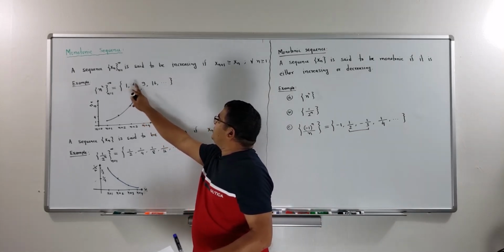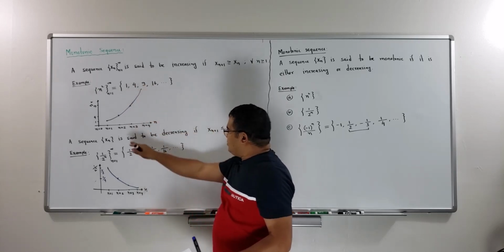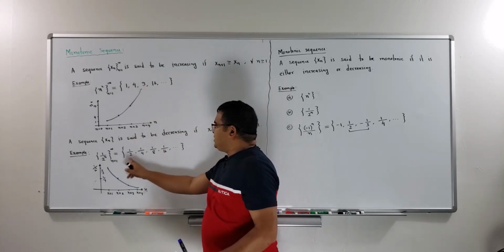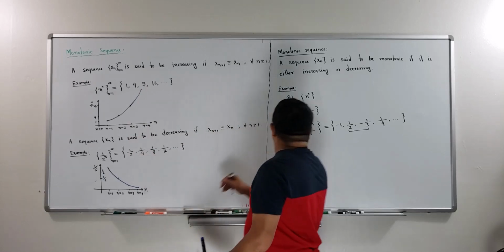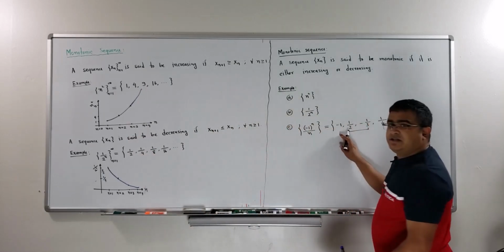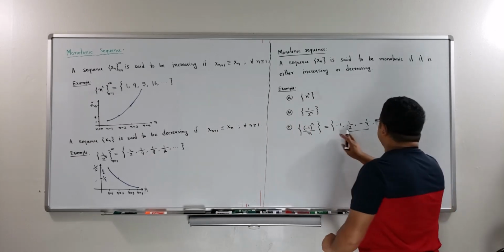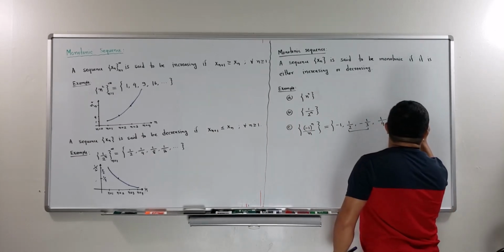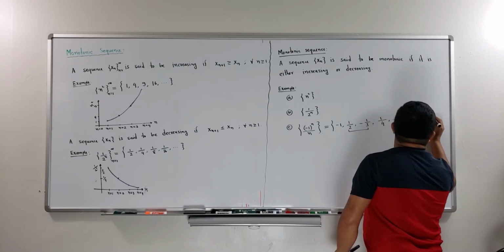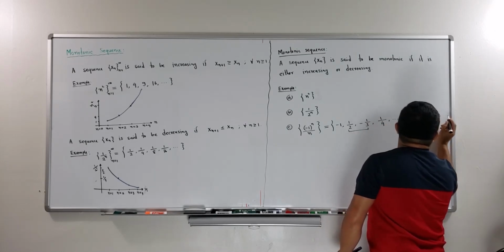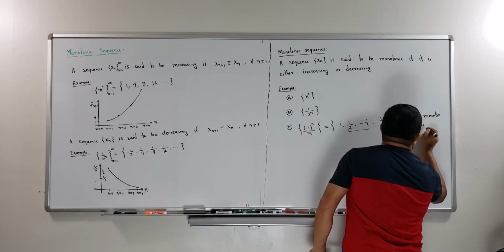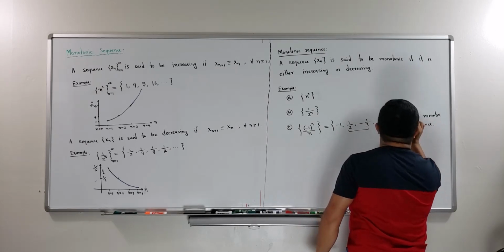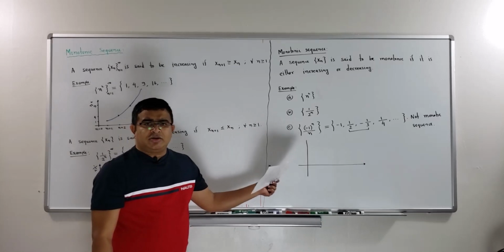For decreasing, the next term should be less than the previous one. But here it is neither increasing nor decreasing, so this is not a monotonic sequence.